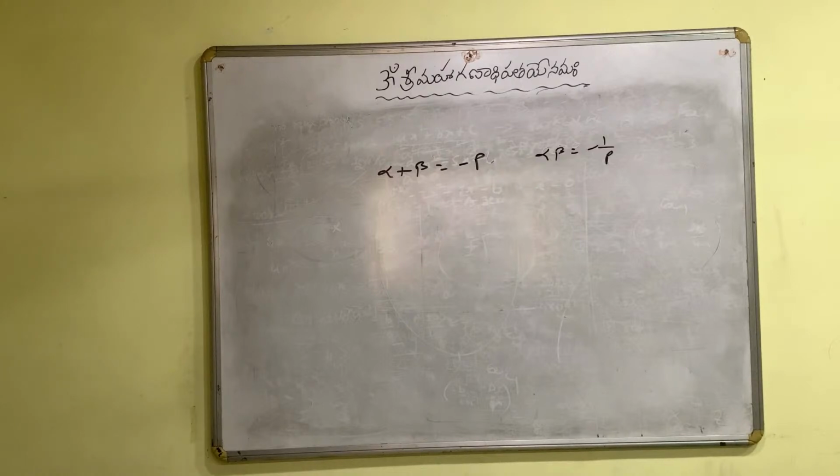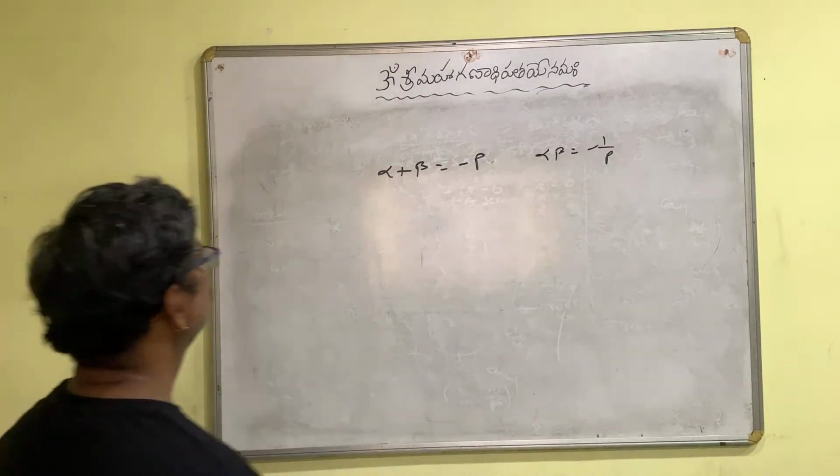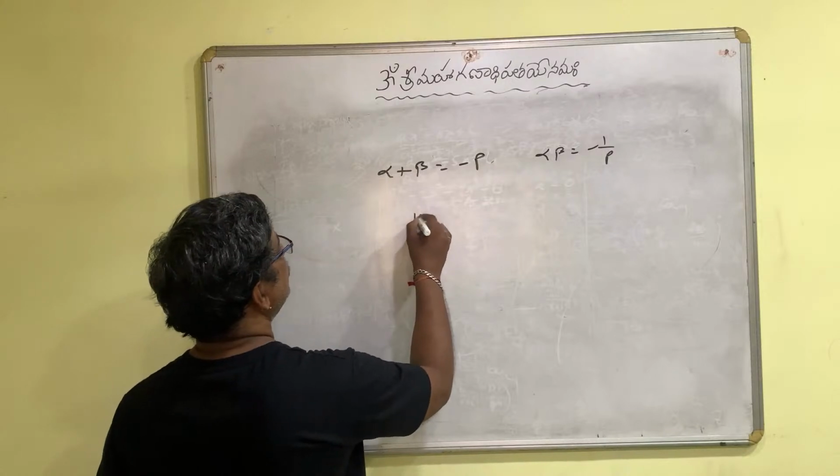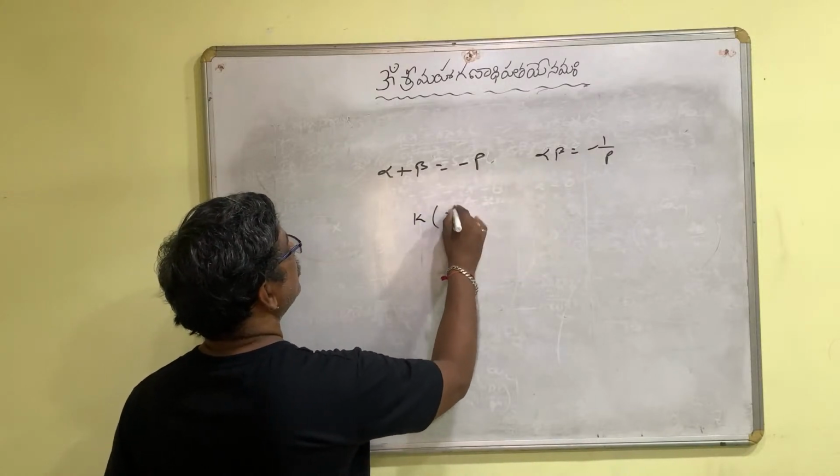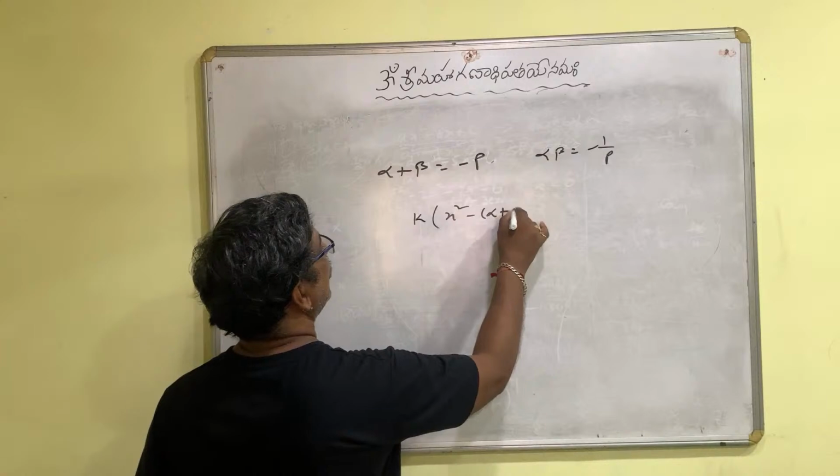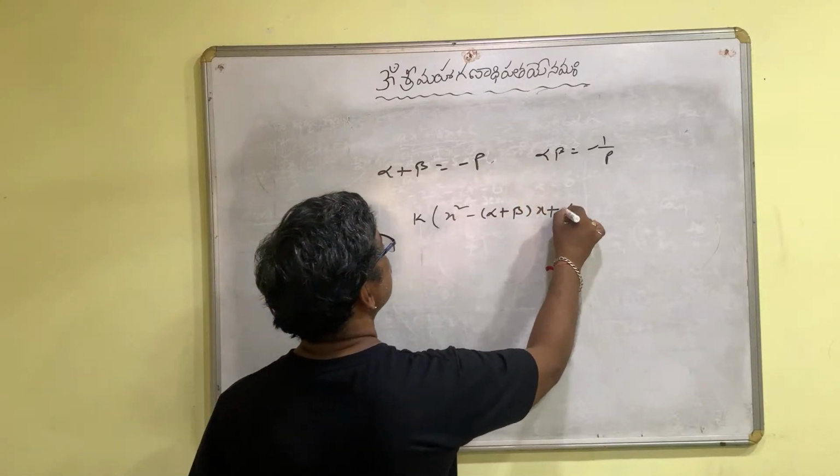Then the quadratic polynomial, we have a formula: k into x square minus alpha plus beta into x plus alpha beta.